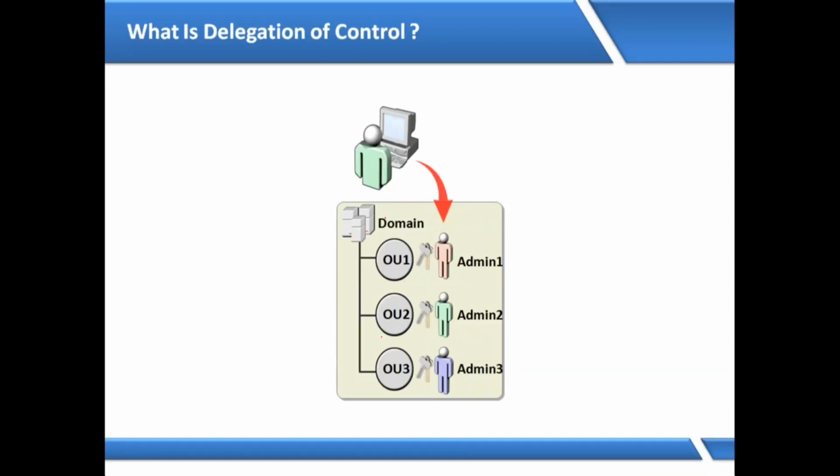You can have three different persons as delegation control, a different person for each group, or you can have the same person for all three. It is up to our choice or wish. As an administrator, we can give it to anybody, meaning any employee of the company whom you trust.